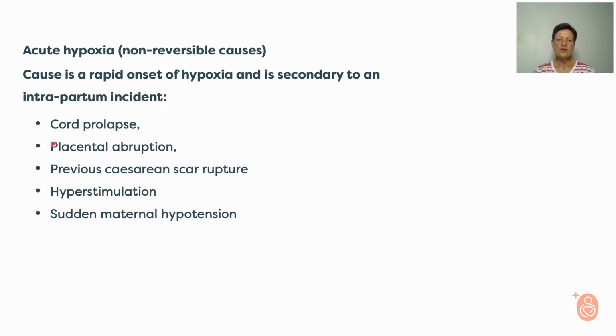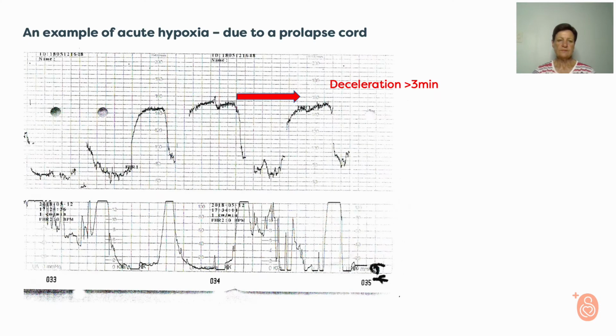These sentinel events that cause acute hypoxia are cord prolapse, placental abruption, previous caesarean scar rupture, hyperstimulation of the uterus, and sudden maternal hypotension, again due to either an epidural or some other event that makes the maternal blood pressure suddenly fall.